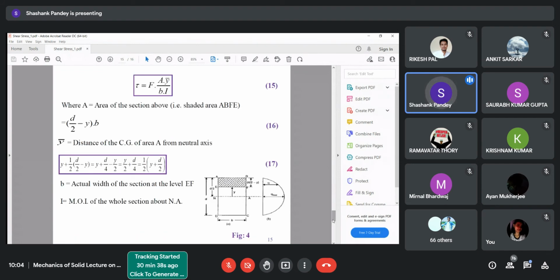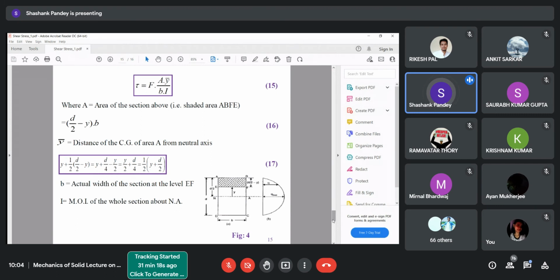We use expression 15, that is tau is equal to F A y bar upon B into I. This is the general expression. We can derive it for any cross section using this expression. We took one example of the rectangular cross section. We expressed the area in terms of d and y, and y bar, the distance of CG of the area from neutral axis, in terms of y and d.